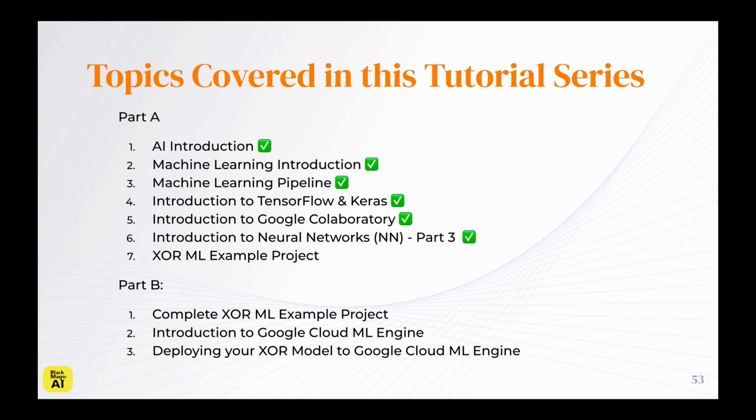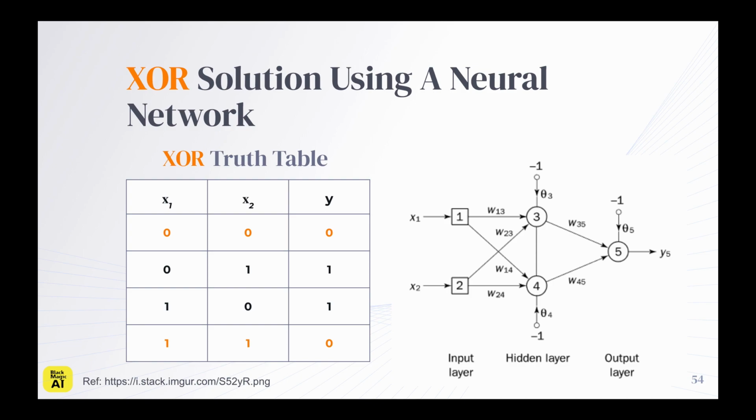Let's get started on our exclusive OR machine learning example project that we will begin in this video. So this graphic is the exclusive OR solution we will be creating using a neural network. Our exclusive OR has a truth table, which gives us the two inputs and the expected output. So in our first column, we have x sub 1 and then x sub 2. Those are the two inputs.